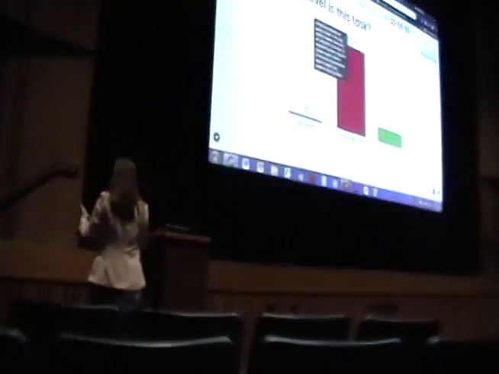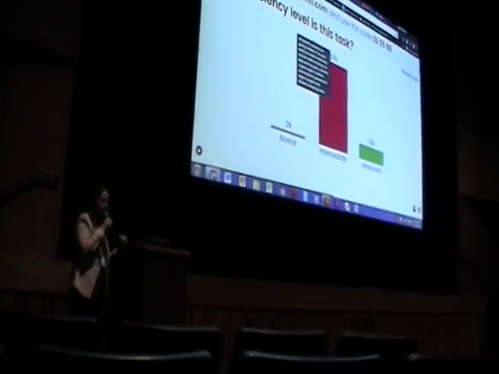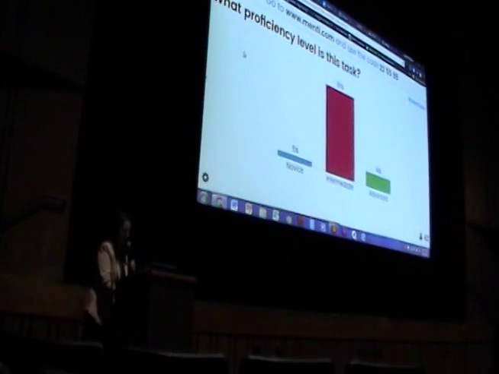We'll bring it back to 5, 4, 3, 2, 1. Majority was right. This one's an intermediate. You guys are getting pretty good at this. Let's try the next one.